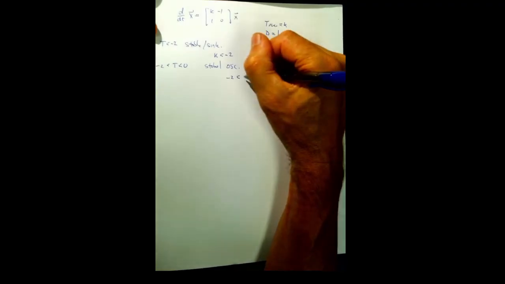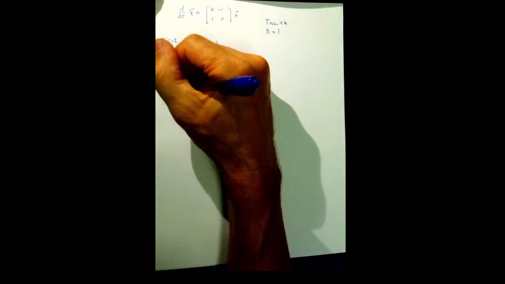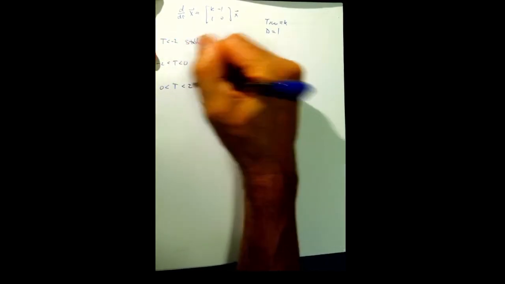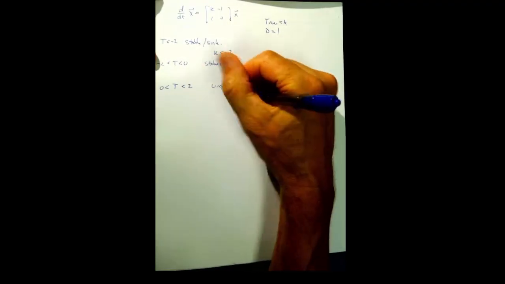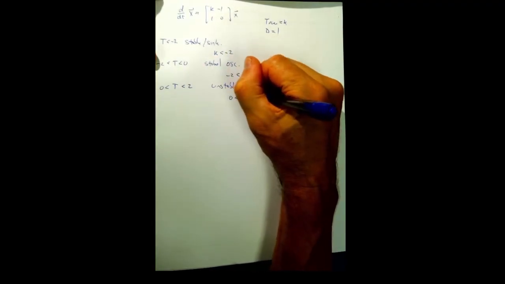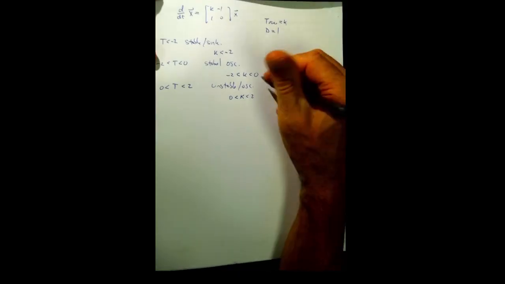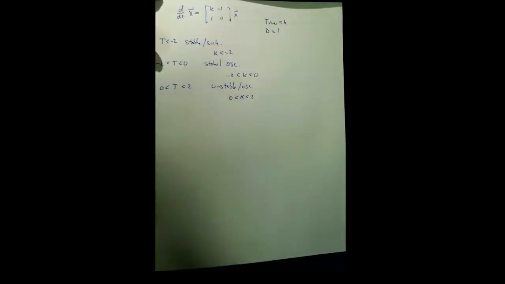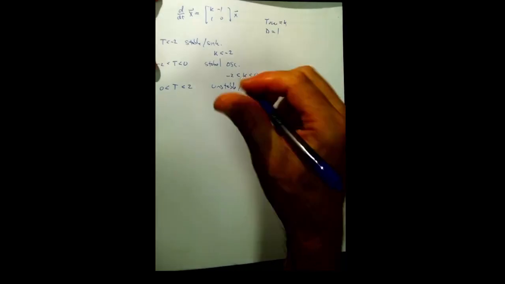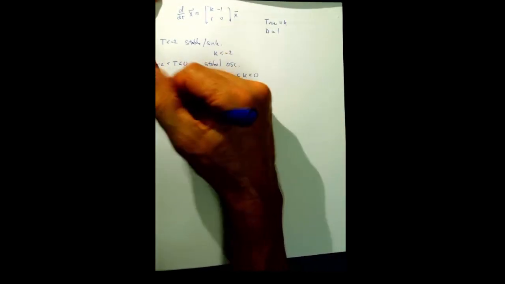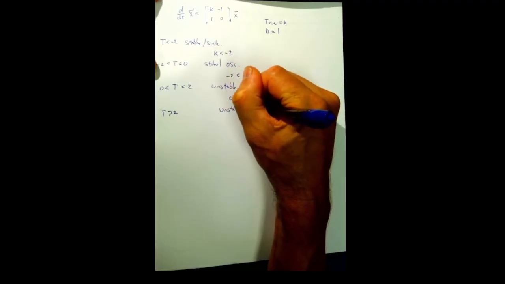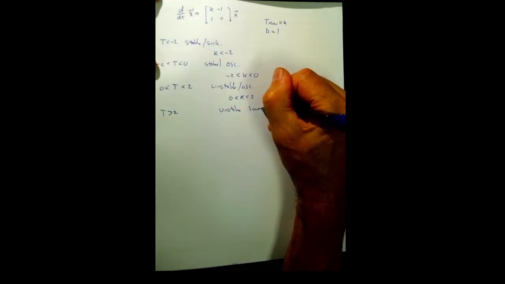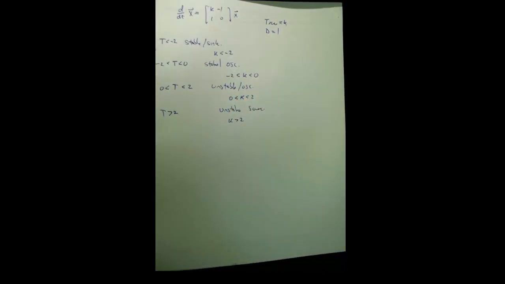So if k is between minus 2 and 0, that's going to be what's happening. And if t is between 0 and 2, it's unstable oscillations. So k is between, again, since the trace is k, that's just plugging in k. So if k is between 0 and 2, I get unstable oscillations. And if t is greater than 2, it's an unstable source. So that means k greater than 2.